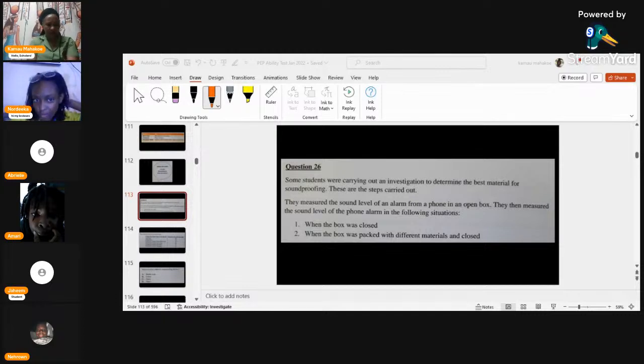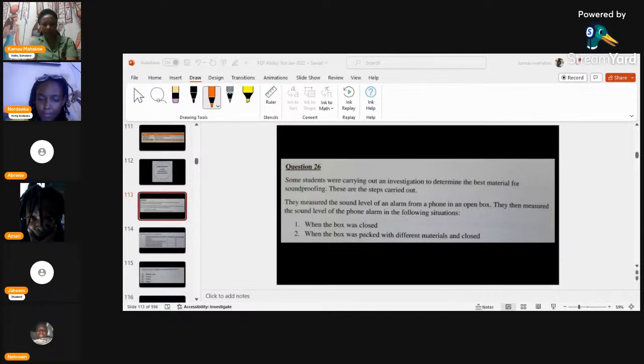Okay. Question 26. Some students were carrying out an investigation to determine the best material for soundproofing. These are the steps carried out. They measured the sound level of an alarm from a phone in an open box.